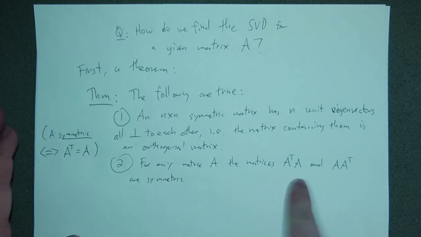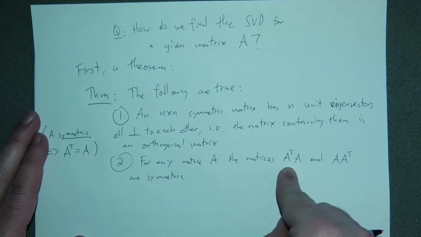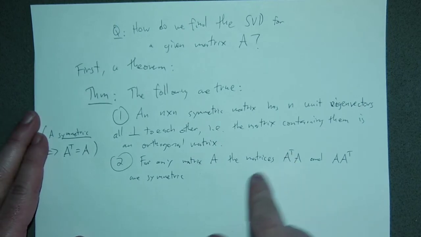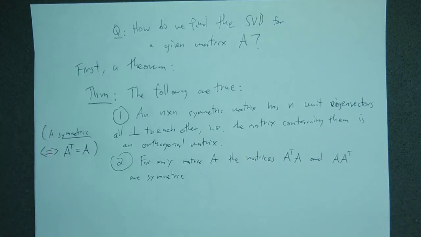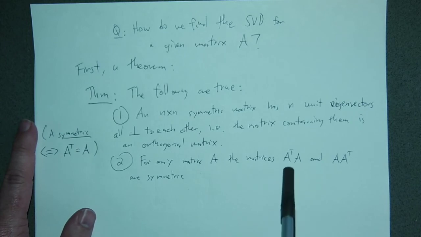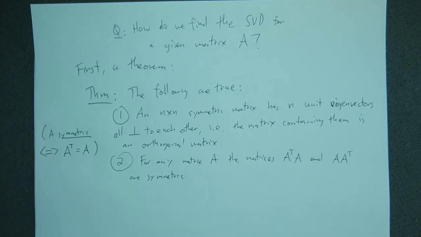Both of these are symmetric, and the reason is easy to see. You just take their transpose, and remember that transpose takes a product of matrices and flips it. So if you take the transpose of A transpose A, you get A transpose A. And similarly for the other one. So both of those are symmetric.